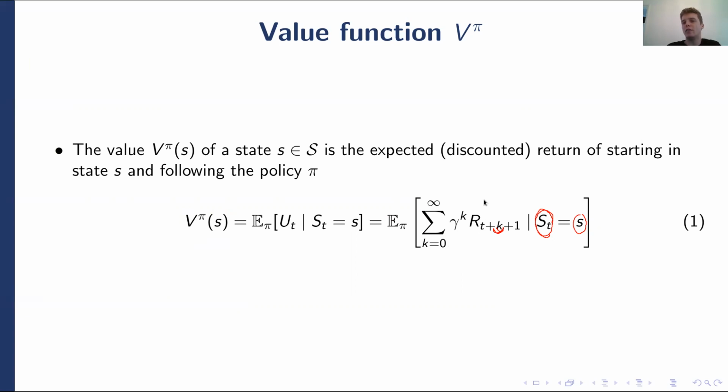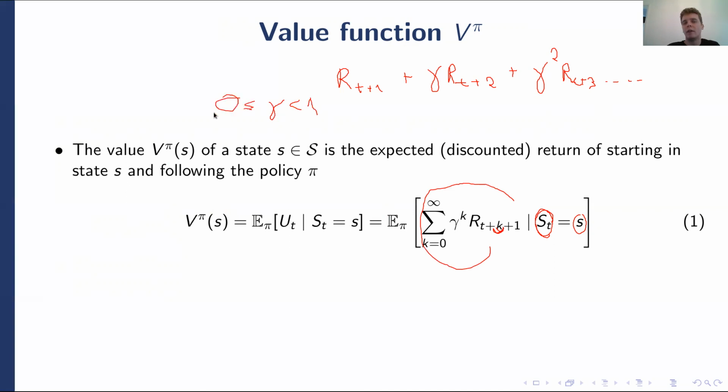So it's the sum of discounted rewards, r t plus 1 plus gamma r t plus 2 plus gamma squared r t plus 3, and so on until the end of time. Okay, and we know that this sum converges because we chose gamma less than 1. Okay, so that's the value of a state.